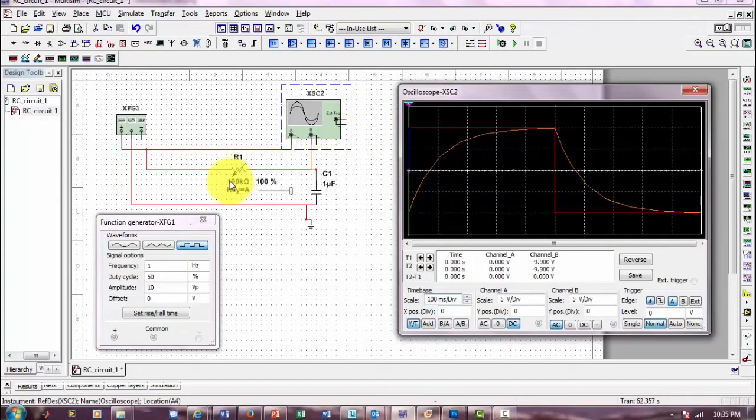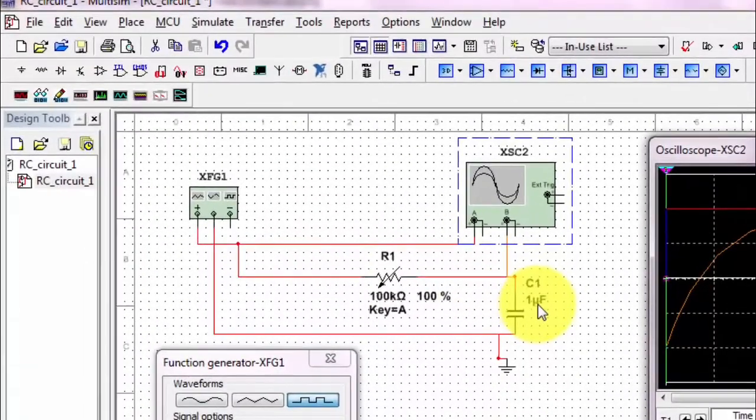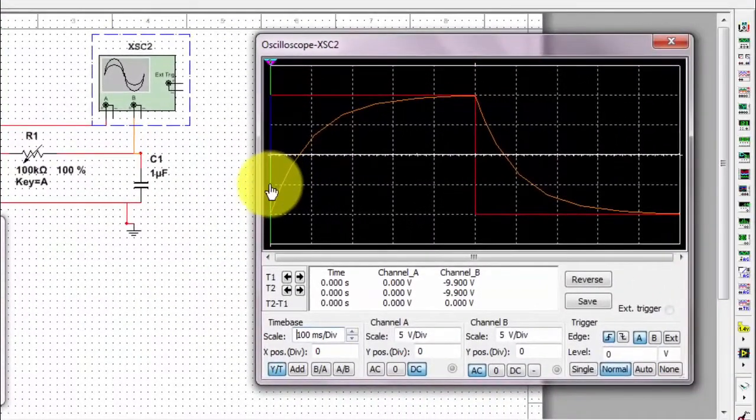Now, when we multiply 100 kilo ohms by 1 microfarad, we get 0.1 seconds. So that's our time constant. 0.1 seconds times 5 is 0.5 seconds. Shown here is 1 full cycle of the square wave.